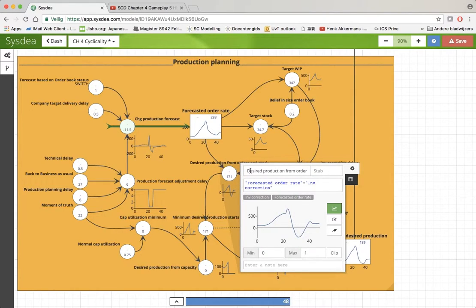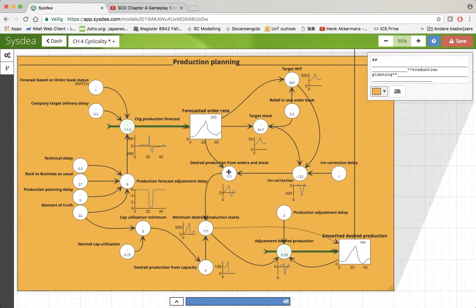So the desired production from orders is the forecasted order rate, so what we think we have in the order book, plus some correction for work in progress and final products. This then normally is the input over 75%. This is the minimum that the company wants to hold. And that results in this type of production.